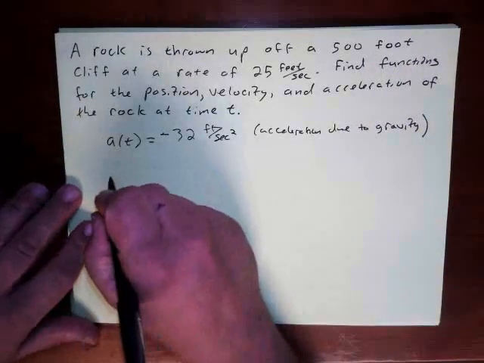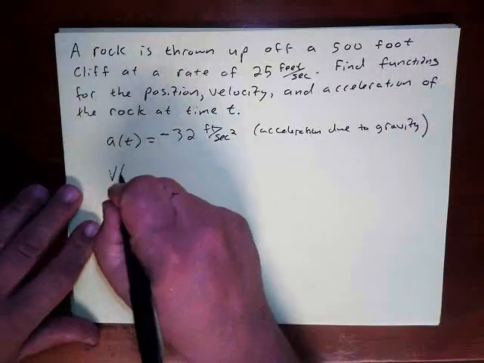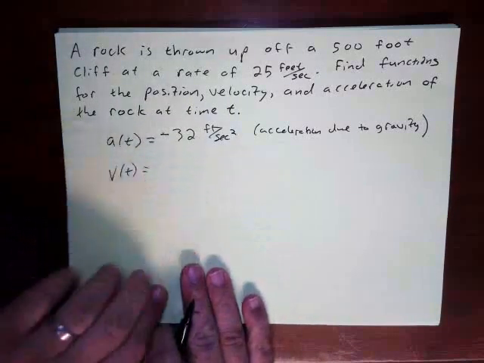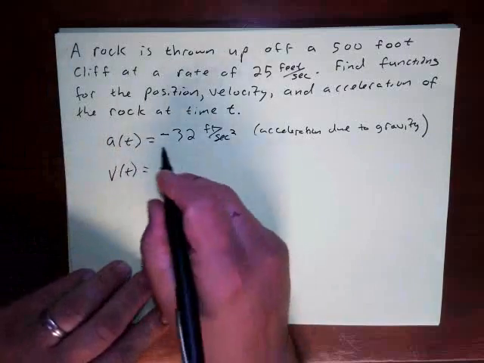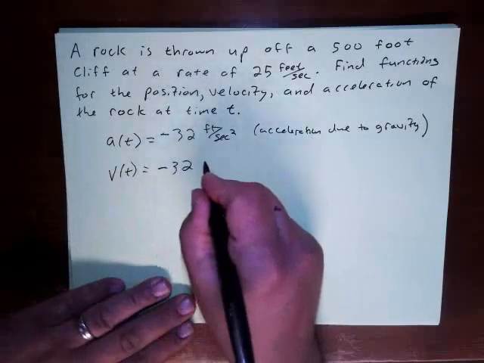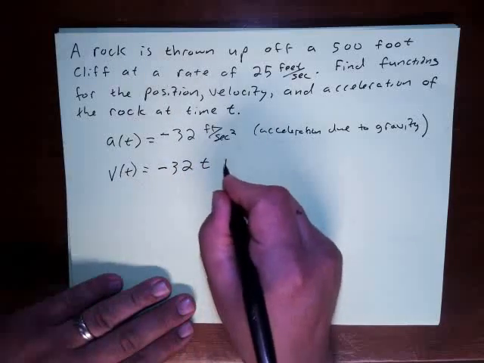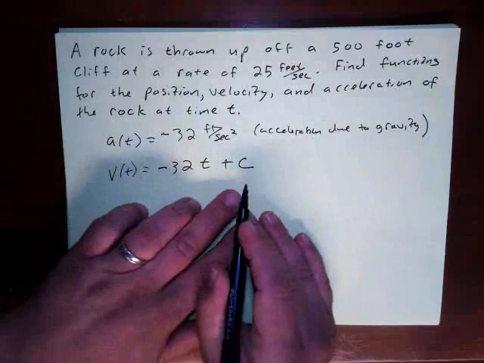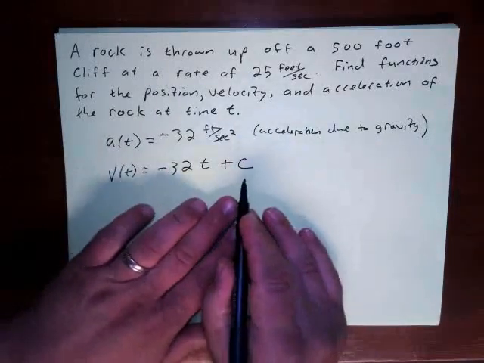Now, the velocity here is just the antiderivative of the acceleration. And so the antiderivative of this would be negative 32t plus c. So this is why the c is important here.